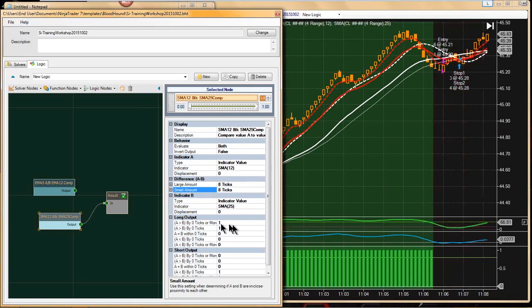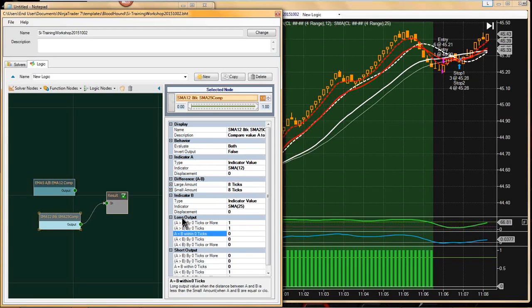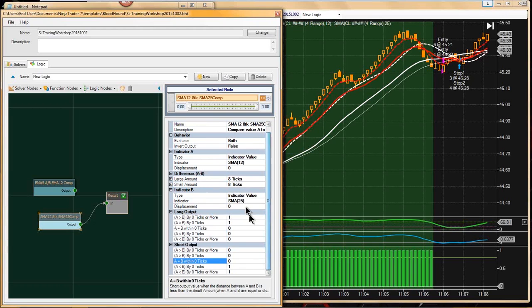Now the key to determining when these two SMAs are within 8 ticks of each other is using the correct output here. If you look at the label of these outputs, there's one that says A equals B within so many ticks.